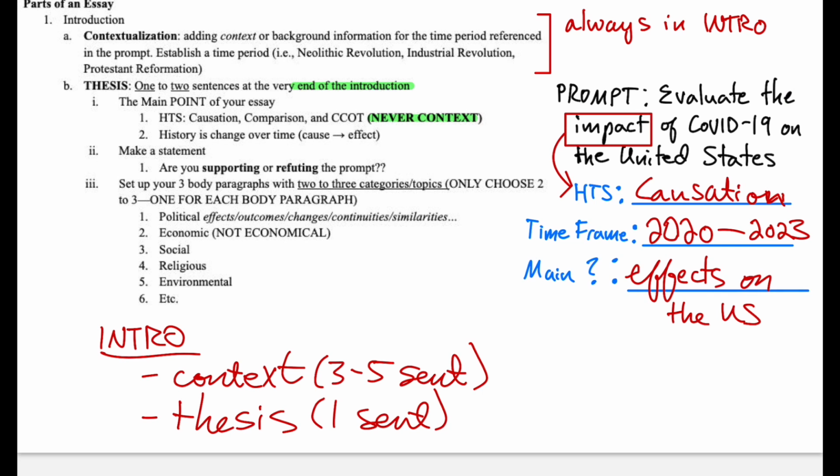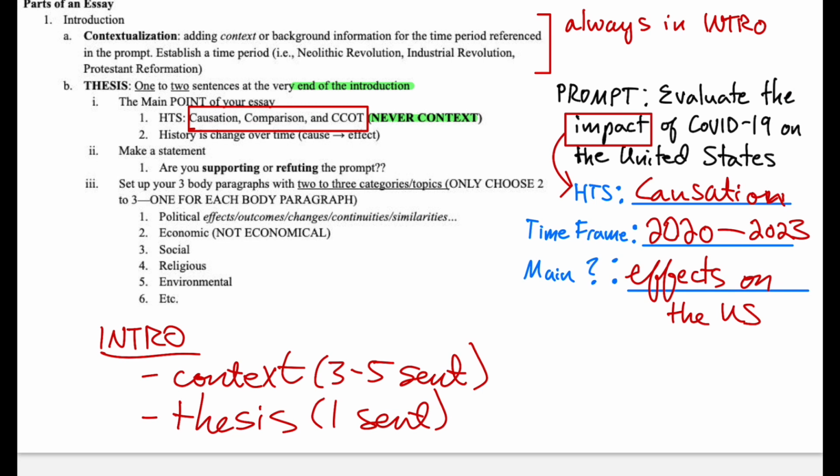It's important to note that context is always going to be in the intro. Okay, so you can't say that your thesis is covering context, because context is already in the 3 to 5 sentences preceding your thesis. Your thesis has to be causation, comparison, or continuity and change.